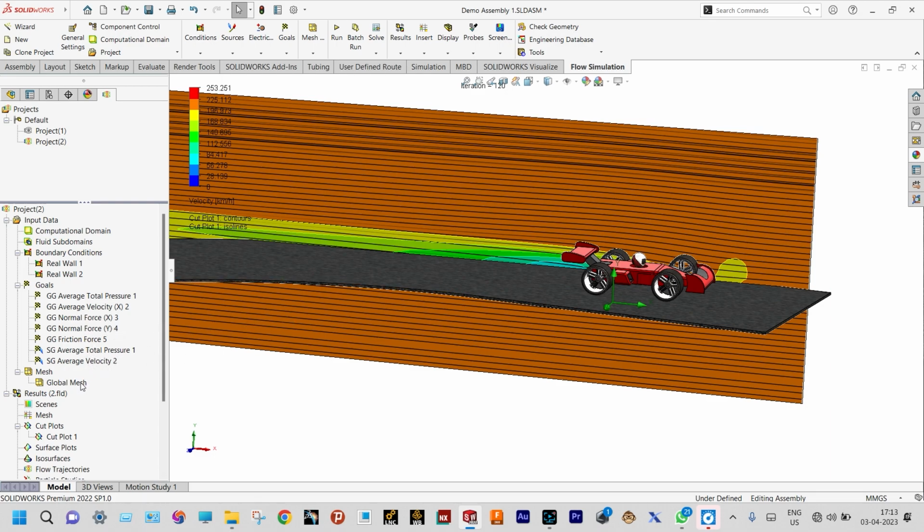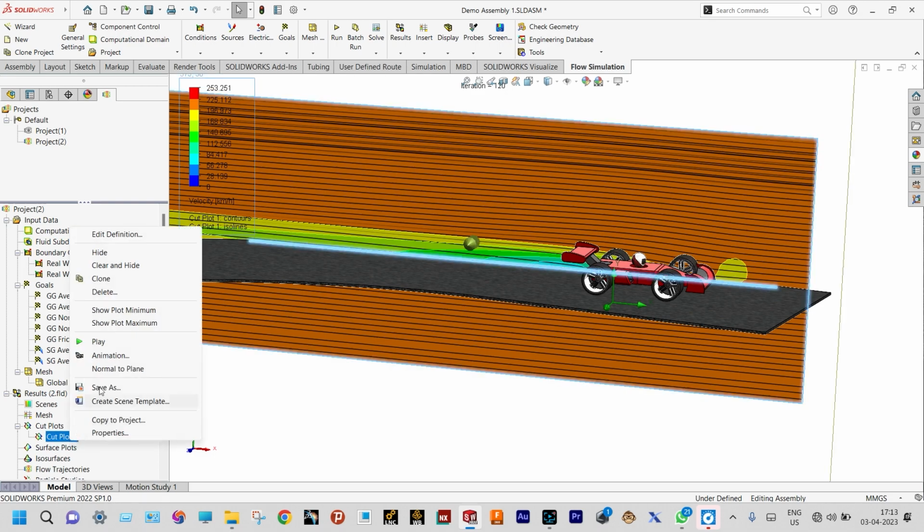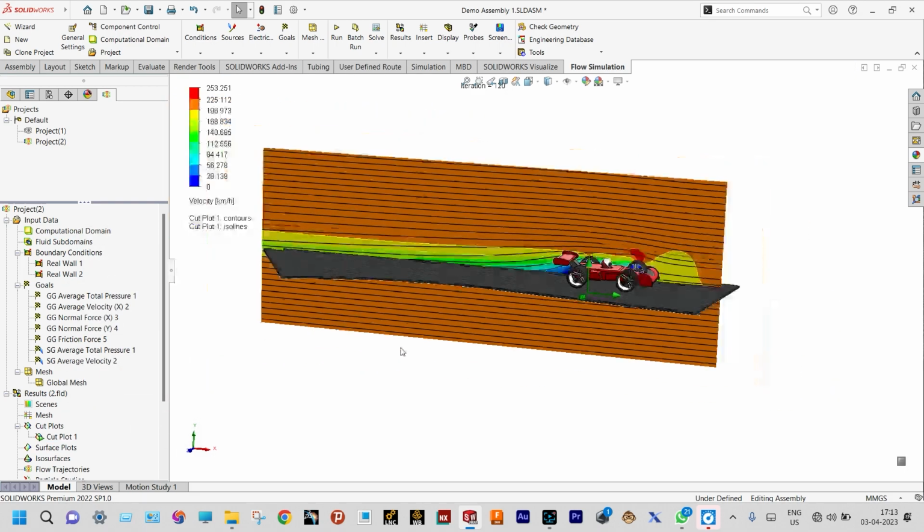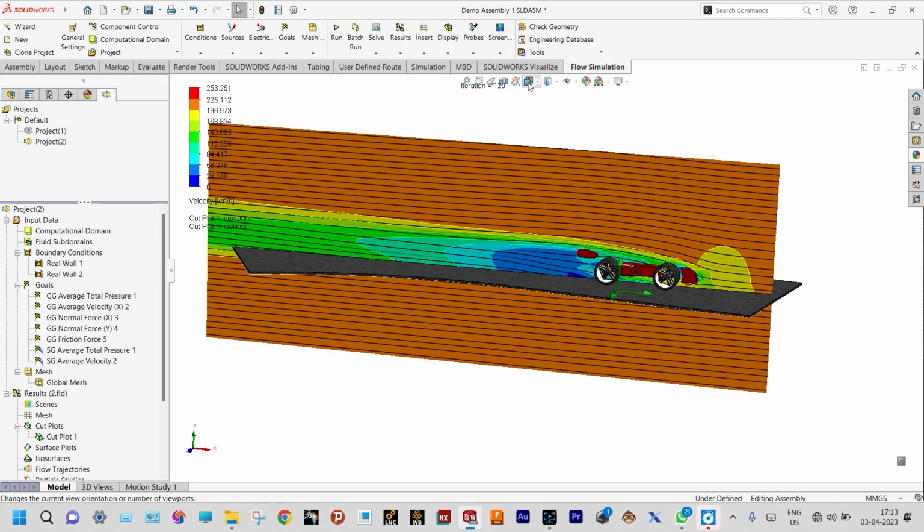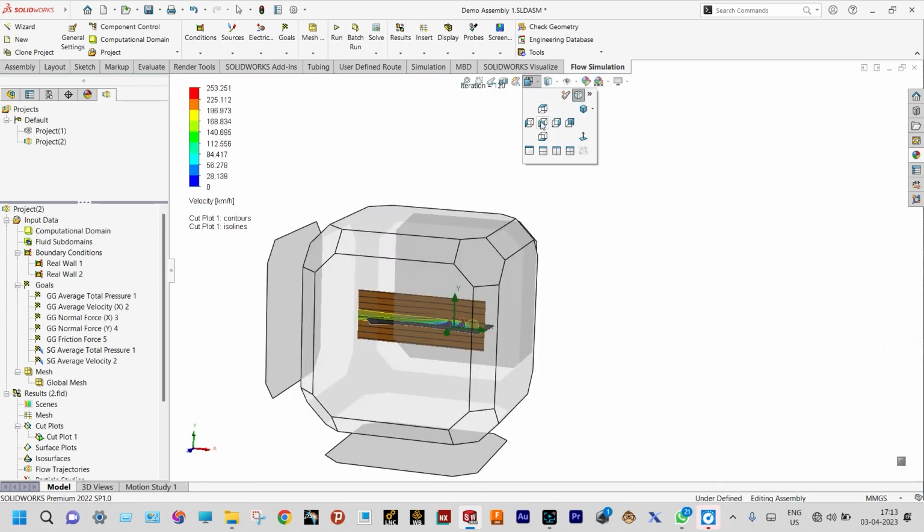by using the animation. So let us see the animation of this one. You can see it from specific planes.